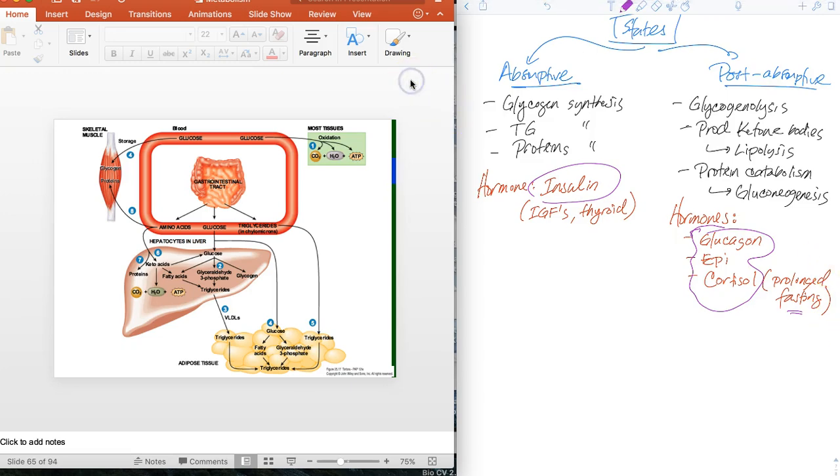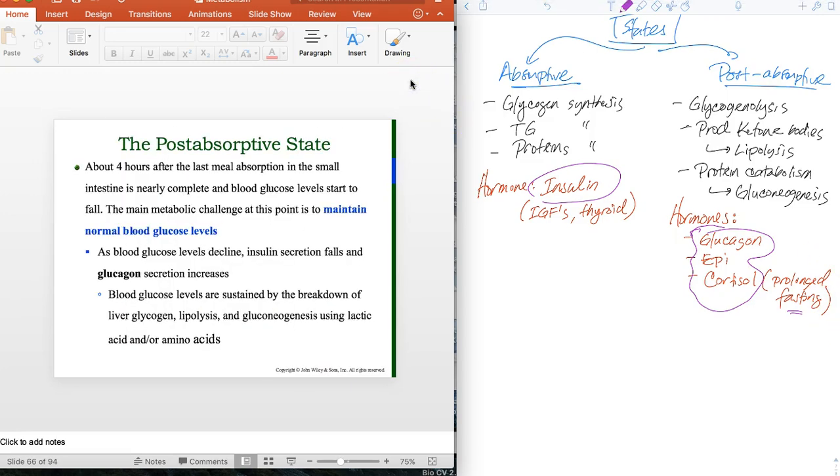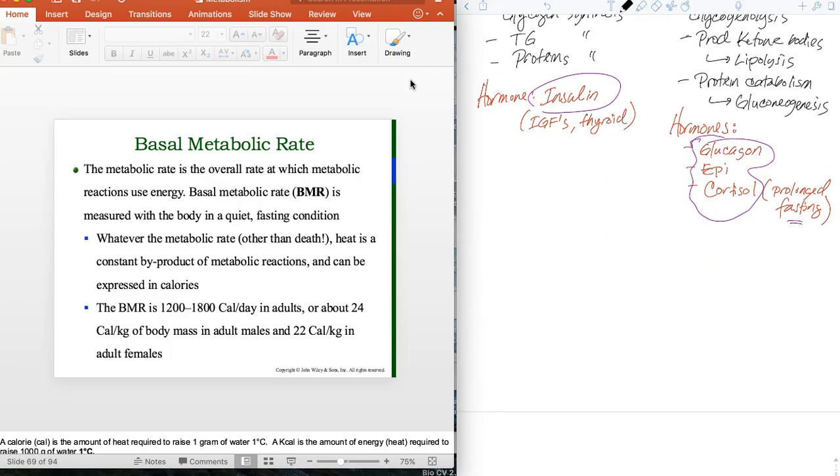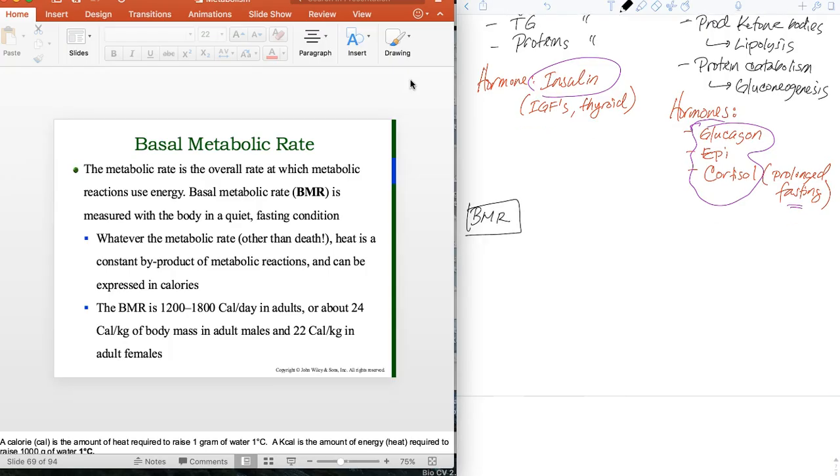Okay, final topics here. So let's talk about BMR. A person's BMR is their basal metabolic rate. Baseline metabolic rate is going to be about 2,000 calories a day.